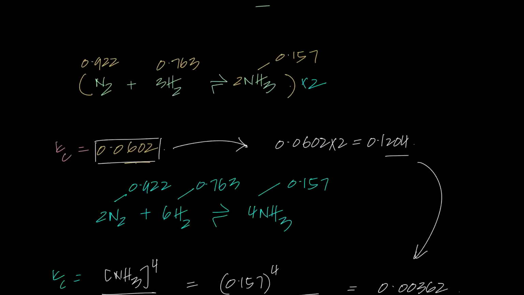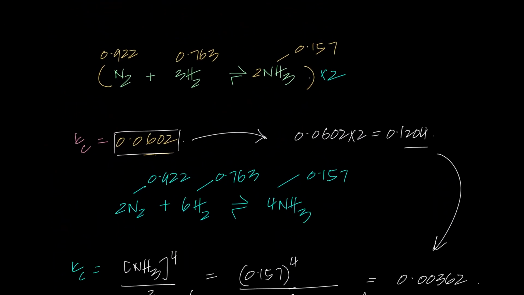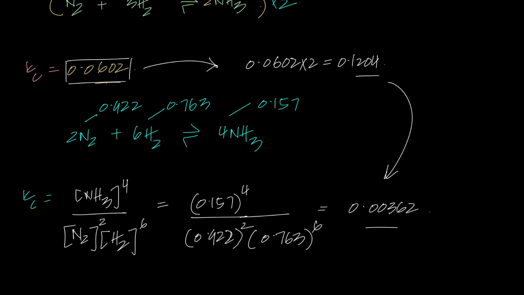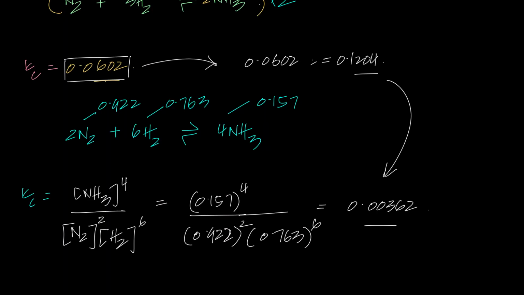If you multiply this entire equation with 2, these superscripts double, and the power actually doubles. So can you just take the square of this? That's the second relationship.